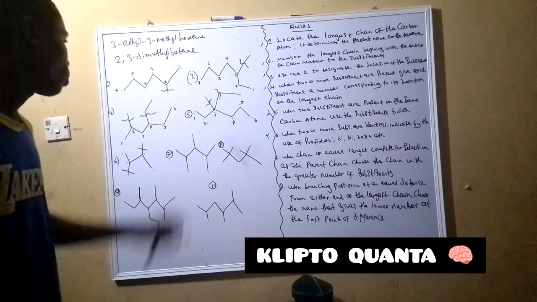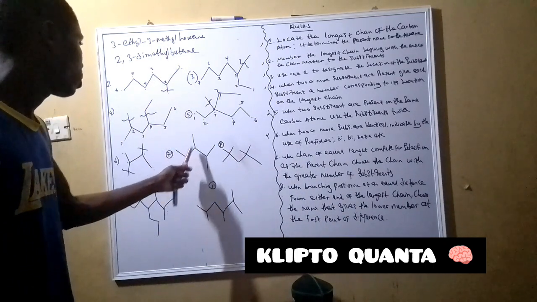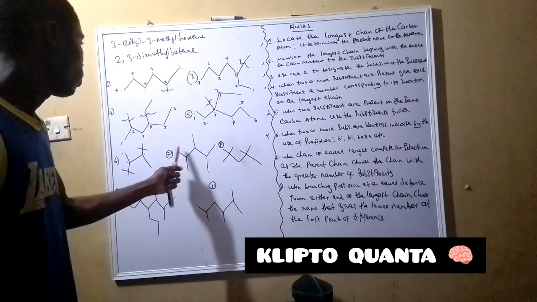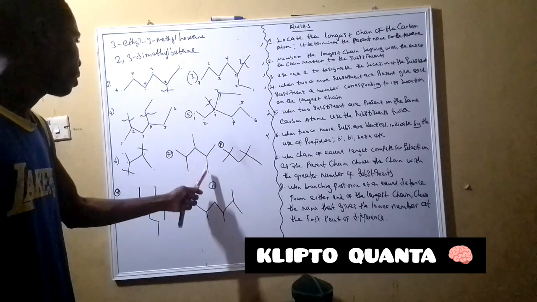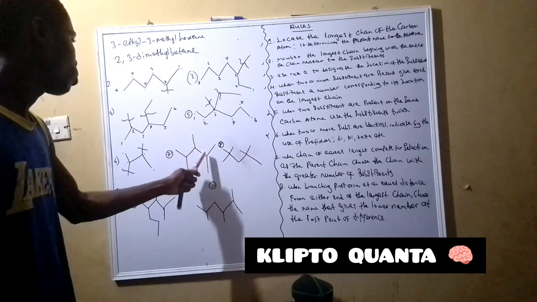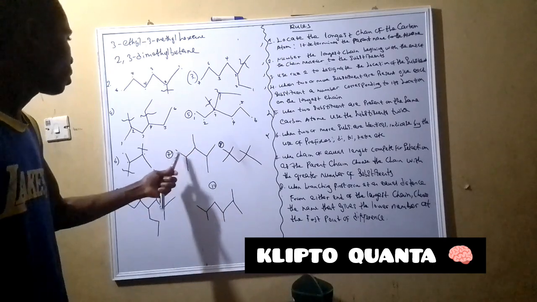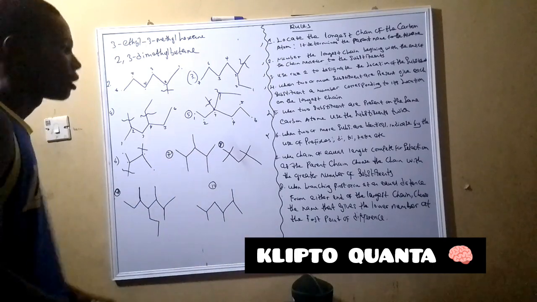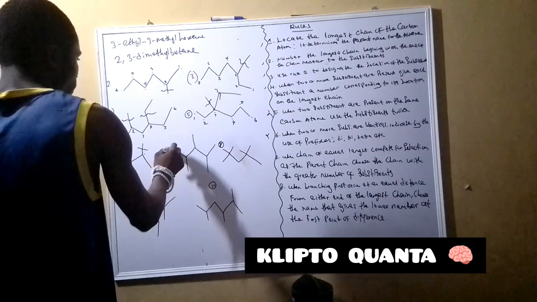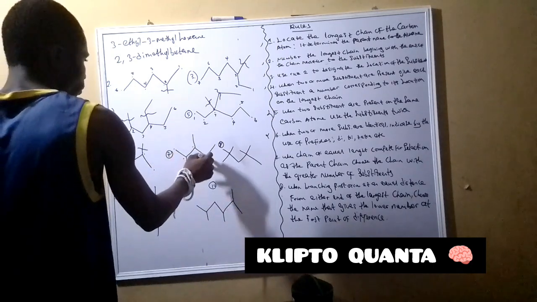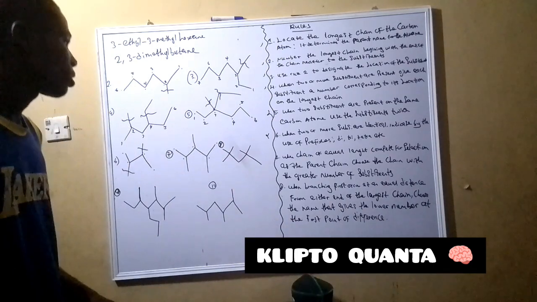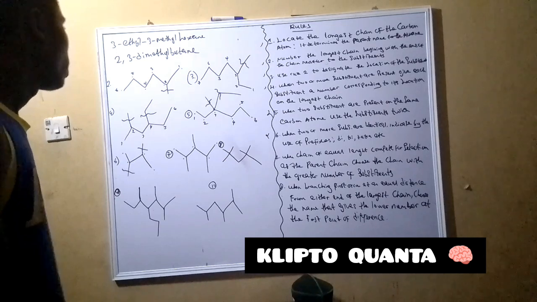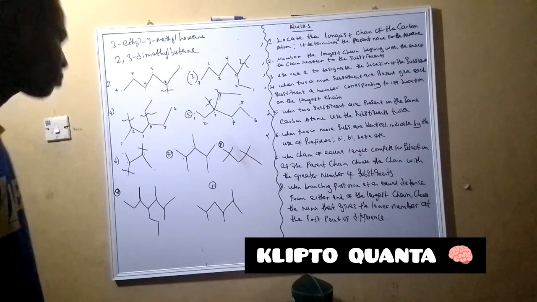Now look at this 7th one. Let's count. You have 1, 2, 3, 4, 5. The longest chain, 1, 2, 3, 4, 5. Since they all give us 5, what do we do here, guys?